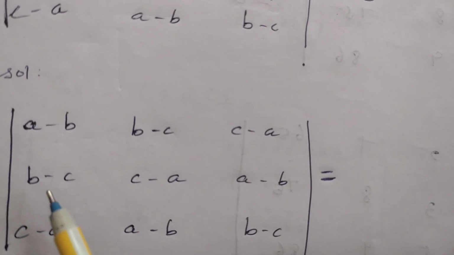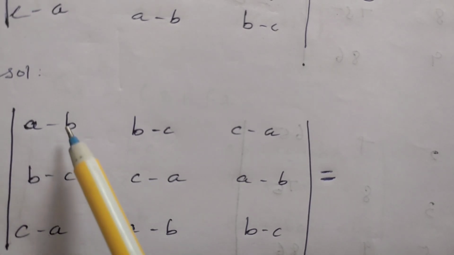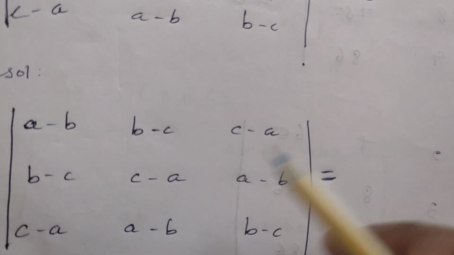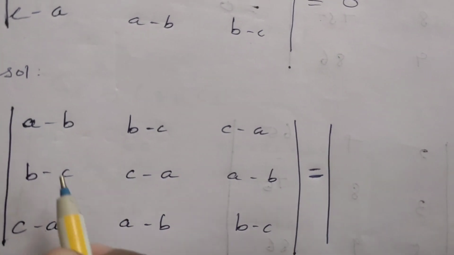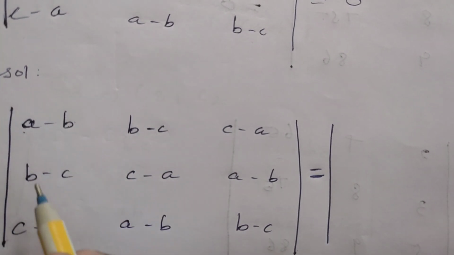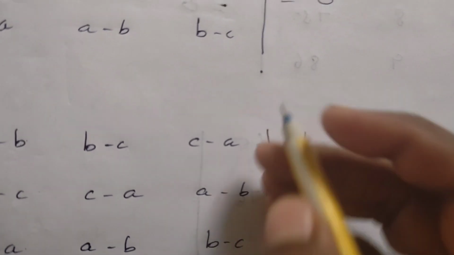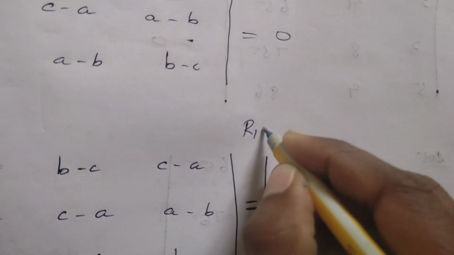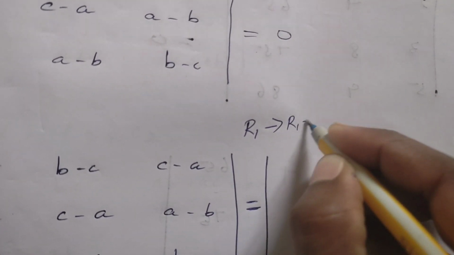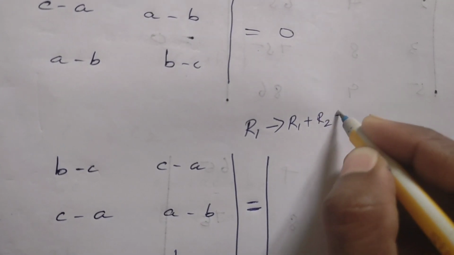So here on adding R1, R2 and R3, a minus b plus b minus c plus c minus a will be 0. I am going to apply the operation R1 tends to R1 plus R2 plus R3.